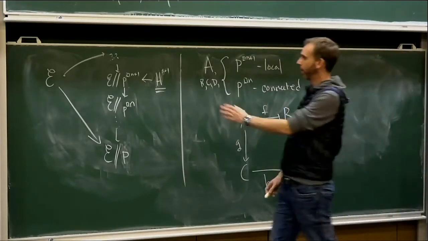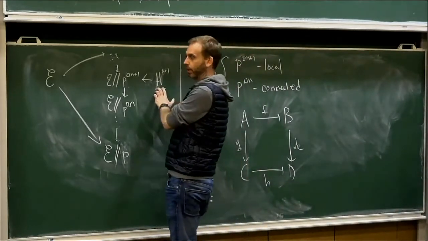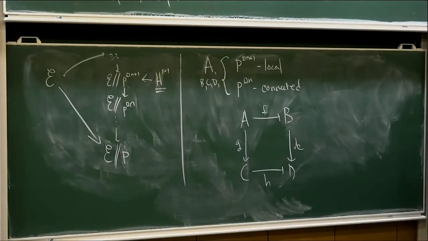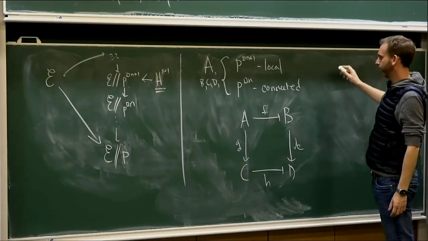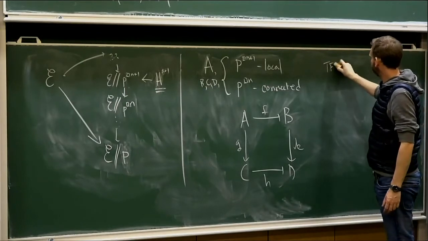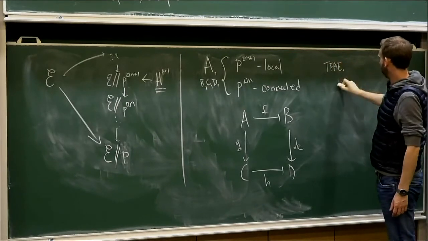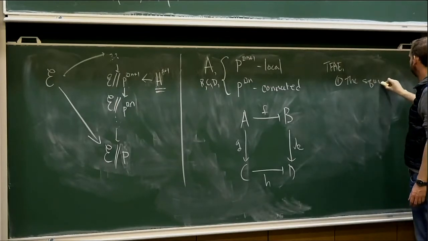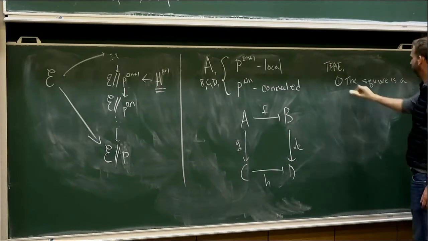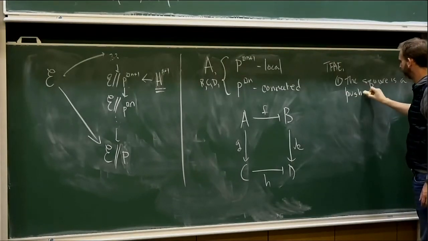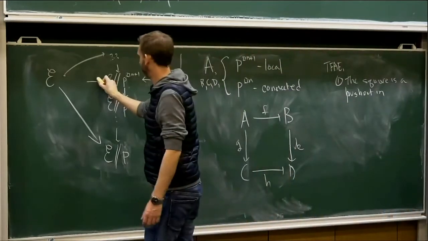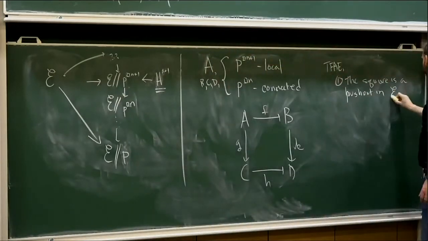So I have a square of functors, if you like, in this fiber between these two layers of this tower. The claim is that the following are equivalent. One is that the square is a push-out in this local topos.